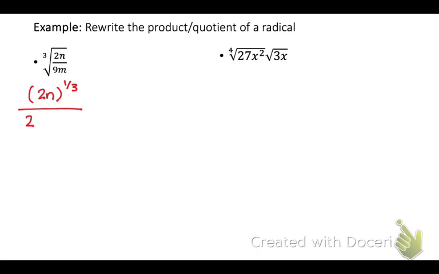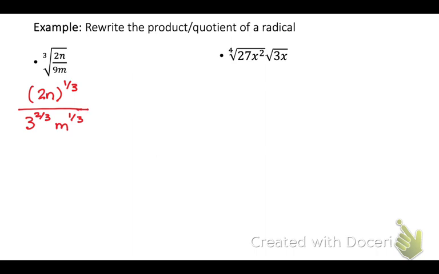So it's 3 squared times 1/3. Can I put 3 to the 2/3? Can we make that leap right now? Yes. Then m to the 1/3, so I just put it on the end.